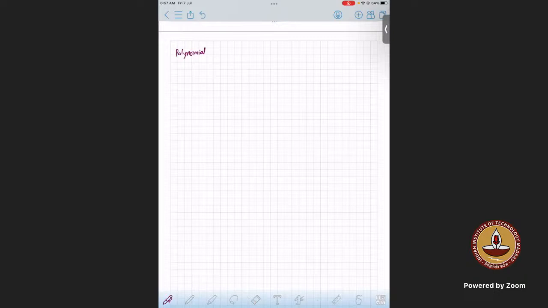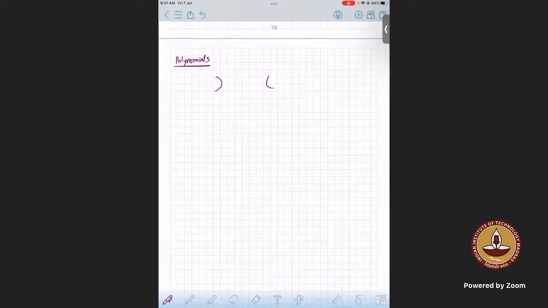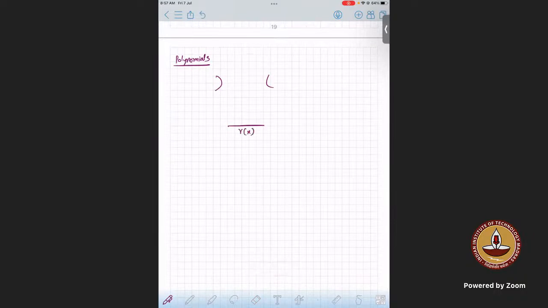Polynomials. P of x is divided by Q of x, and you will get remainder R of x. Here P of x and here Q of x.